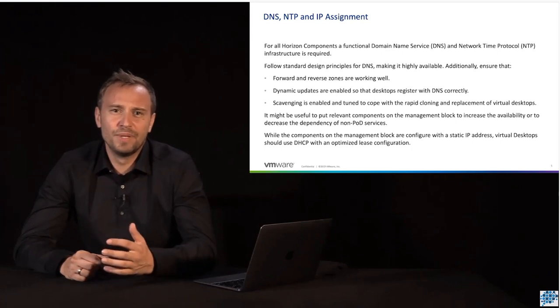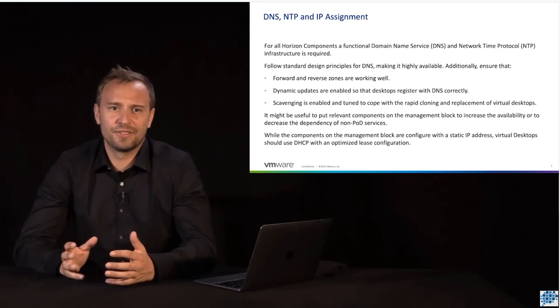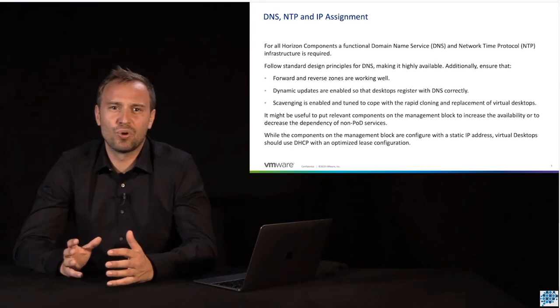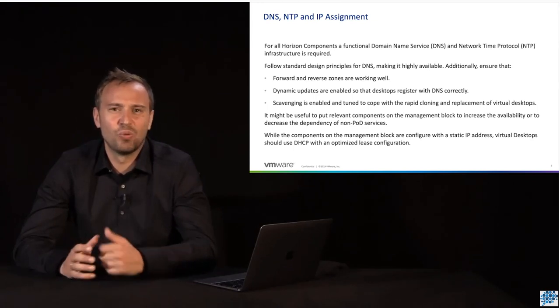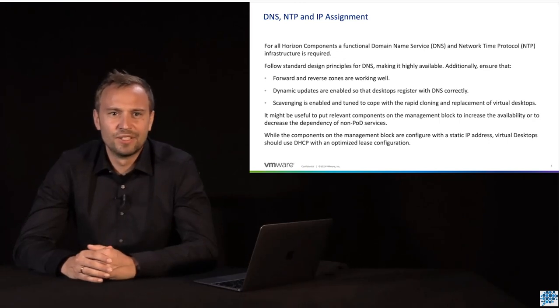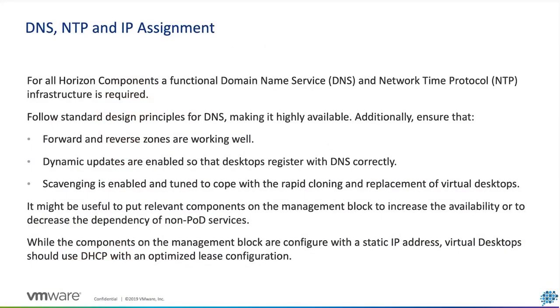When we talk about building a Horizon and vSphere infrastructure, we also depend on core services like DNS, NTP, and the mechanism by which we assign IP addresses. So typically, for all Horizon components, we need a DNS entry and we need forward and reverse lookup to work properly, so that we can translate an FQDN, a host name and a domain, into an IP address, and translate the IP address into a host name, so that all solutions work properly.